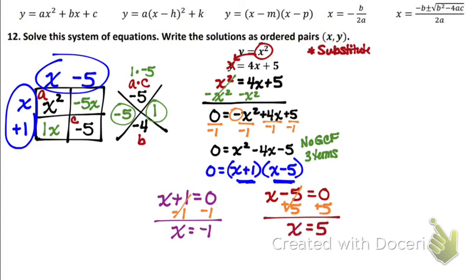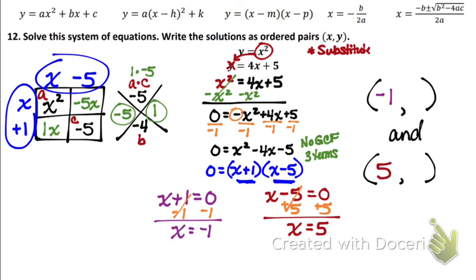Am I done? No. Remember, I need ordered pairs here. How many different x's do I have? 2. In one of these, the x is negative 1. In the other one, the x is 5.